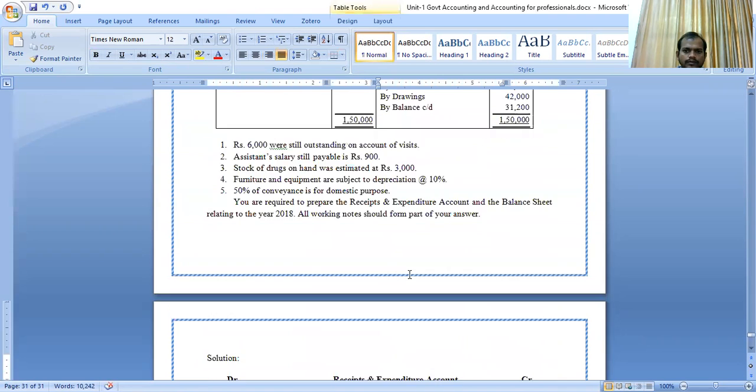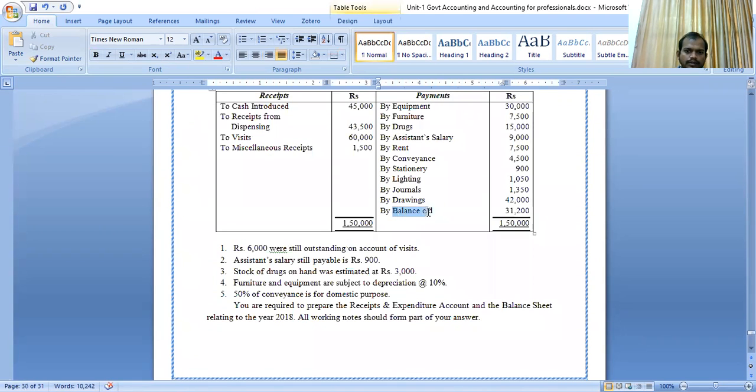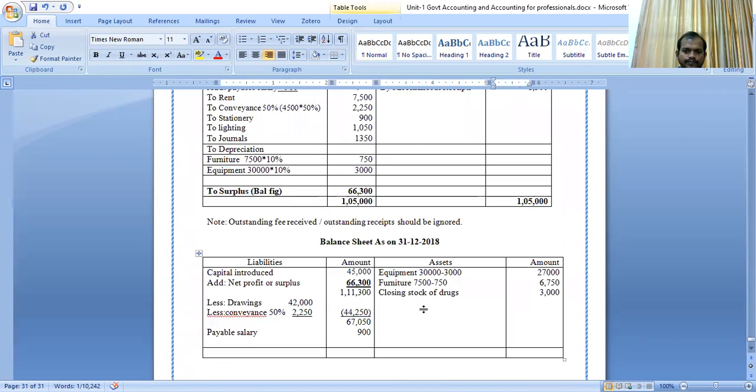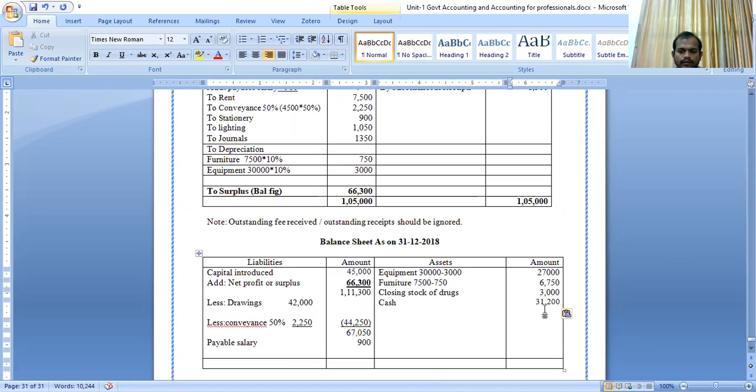Closing stock we received it, but we ignored the closing balance of cash. So cash 31,200.